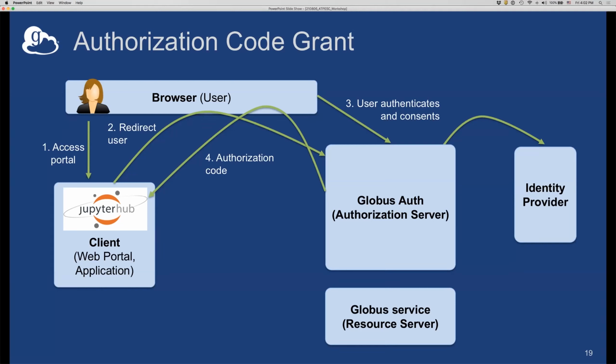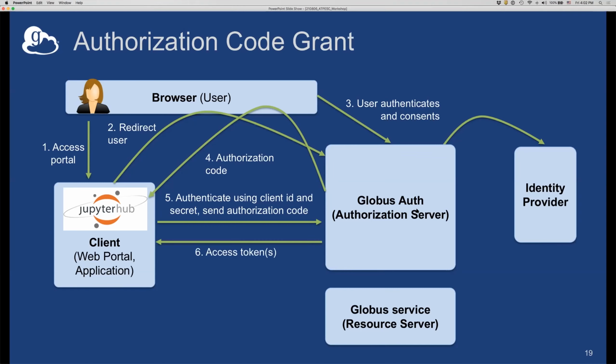And then the third part of the flow is the service will turn around automatically in the background and send that code together with its client ID and secret back to Globus Auth, and then Globus Auth will generate an access token that it then gives back to the application. And now the application has essentially this temporary credential.